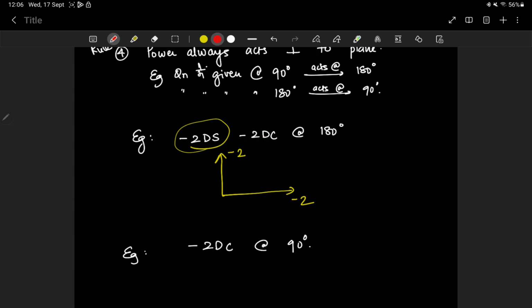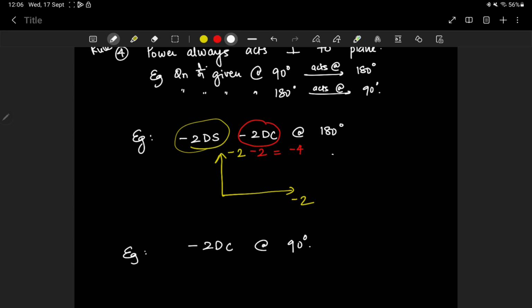As I've already said, if the power is acting at 180 degree, we have to make it act at 90 degree. So I'll make it act on 90 degree and I'll give -2 here. So total vertical power comes out to be -4 and horizontal power is -2.